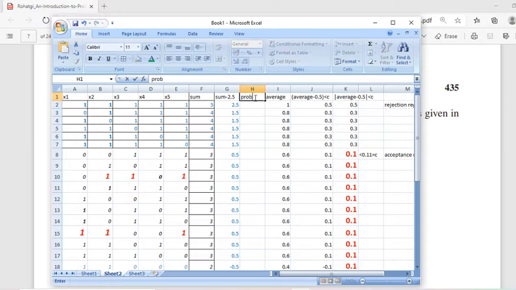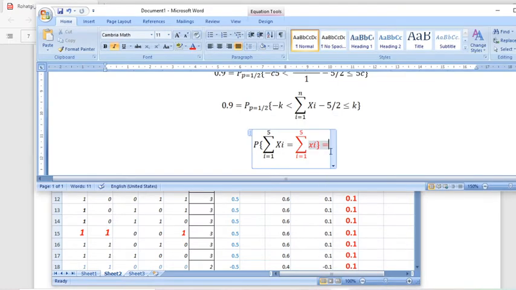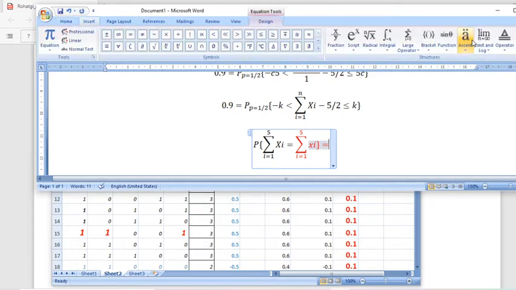So how can we find out the probability? The probability formula will be nCk. What is the probability formula?